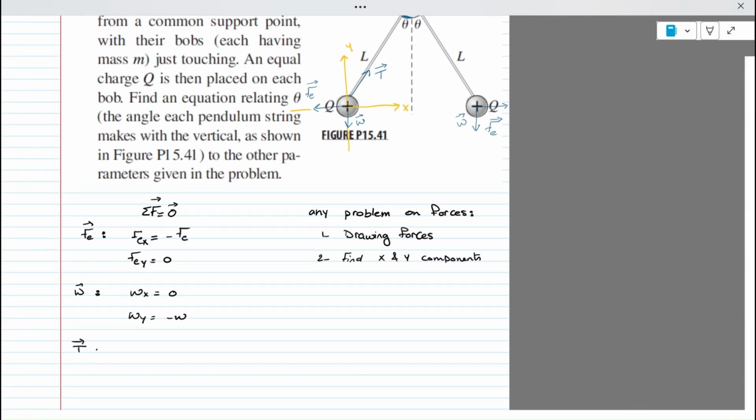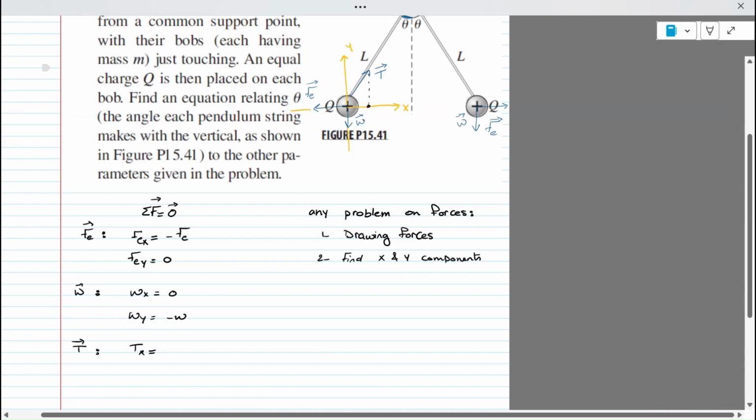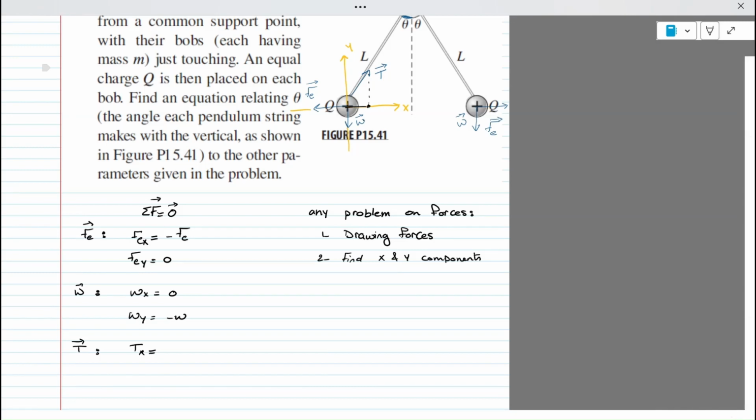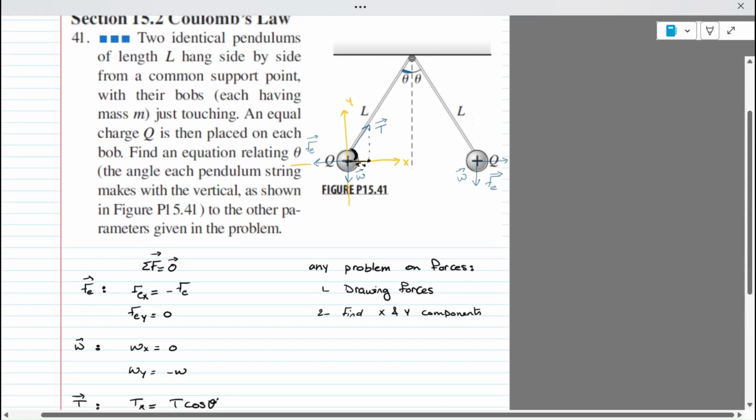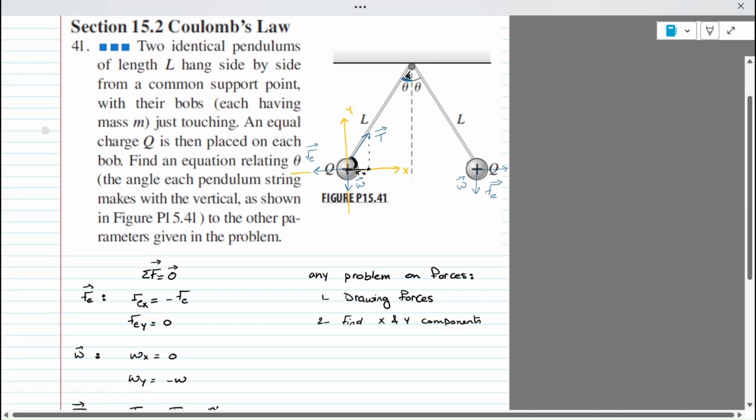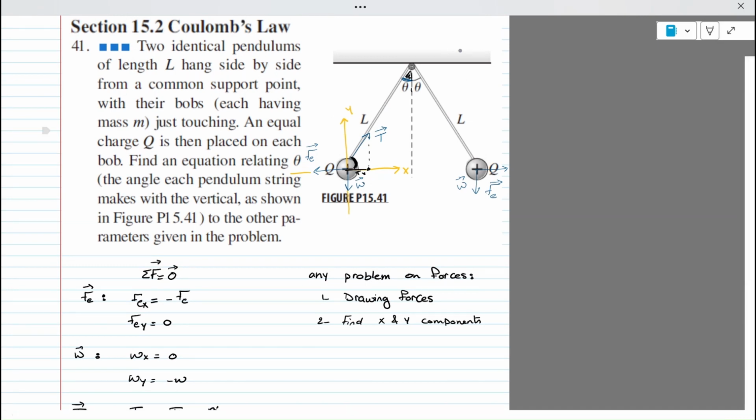For the tension force, this is an oblique force, so it will have both x and y components which are non-zero. This is Tx, and it depends on the angle that T makes with the x-axis. This is T cosine of theta prime. I'll call this theta prime just to check if it's the same as the theta given here. If we consider this triangle, we can see that theta prime is not the same as theta.